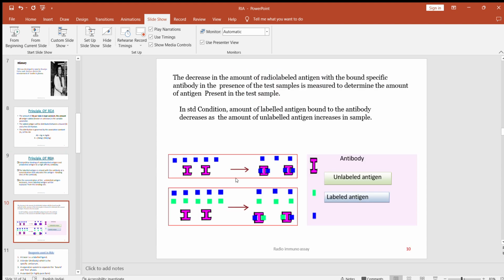The decrease in the amount of radio-labeled antigen bound to the specific antibody in the presence of the test sample is measured to determine the amount of antigen present in the sample. In standard conditions, the amount of labeled antigen bound to the antibody decreases as the amount of unlabeled antigen increases in the sample.